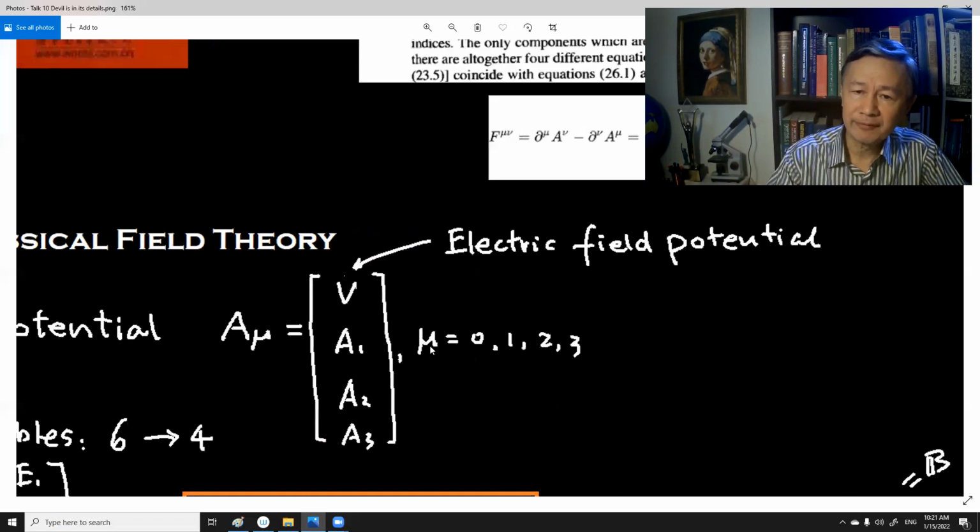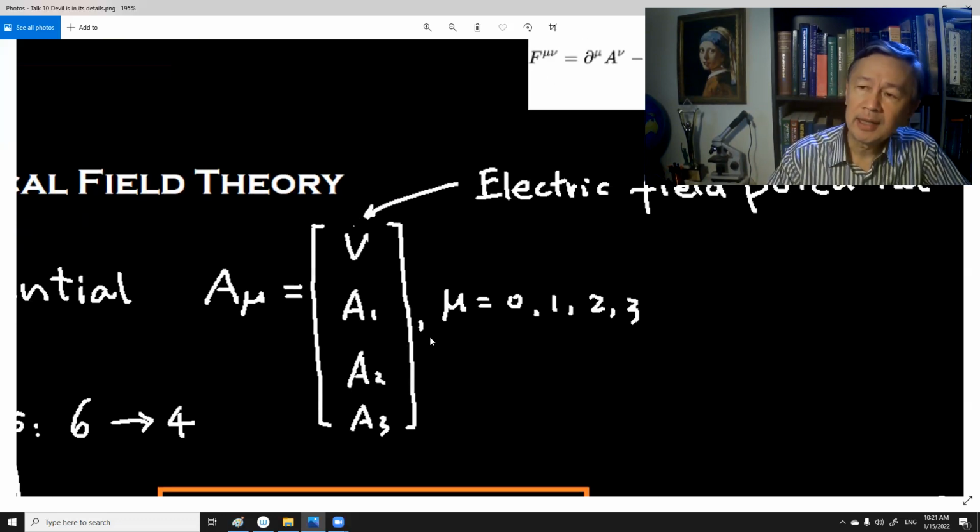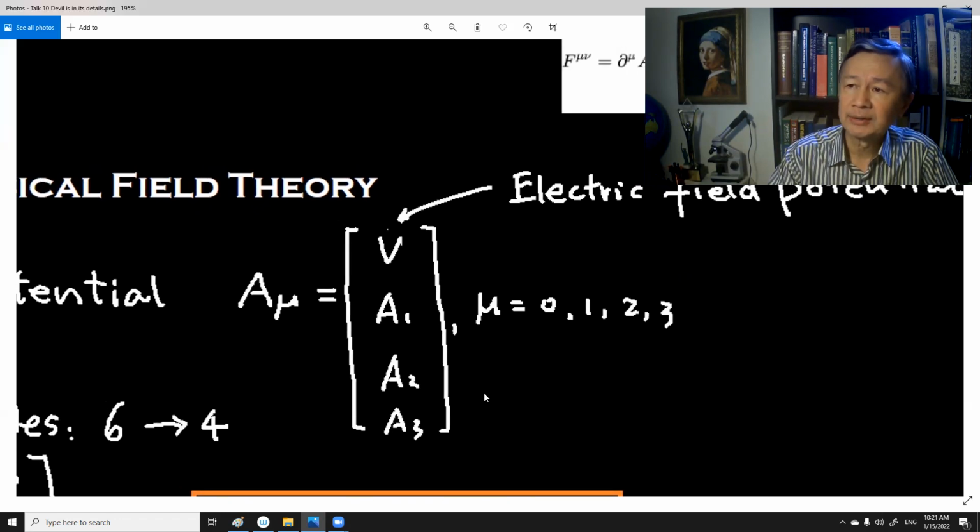The first component, phi, is familiar, what we know as the electrical potential for short. The other three components of this four-dimensional vector are A1, A2, A3, which constitute a vector in 3D space.